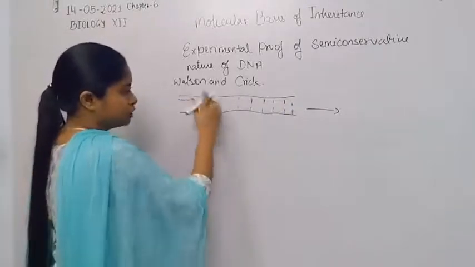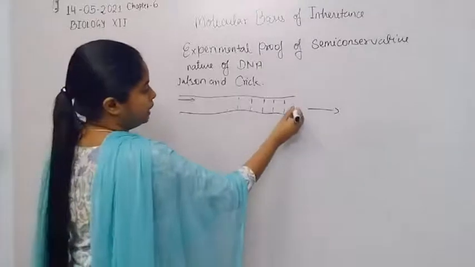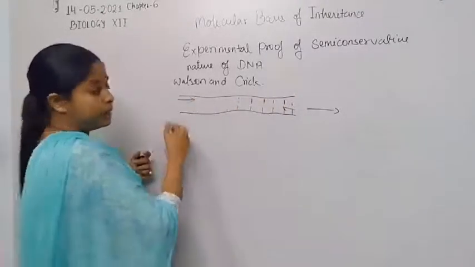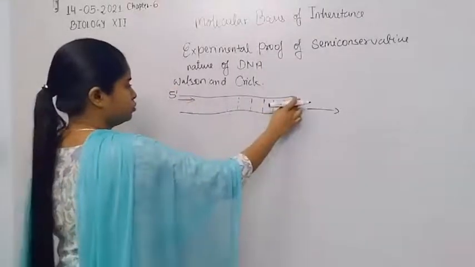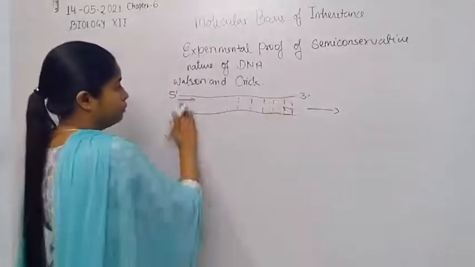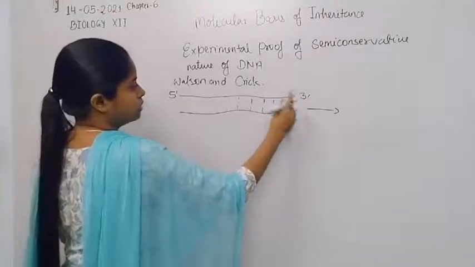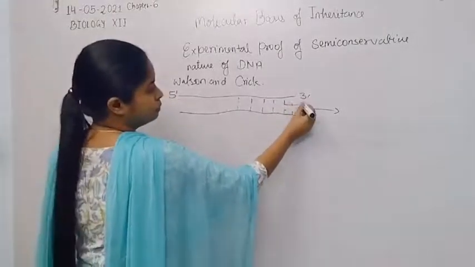After the breakdown of these double or triple hydrogen bonds, both strands function as template strands, and because both strands are anti-parallel in direction, the synthesis always takes place in the 5' to 3' direction.